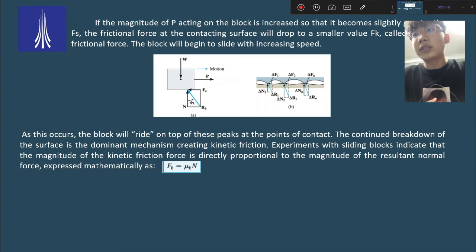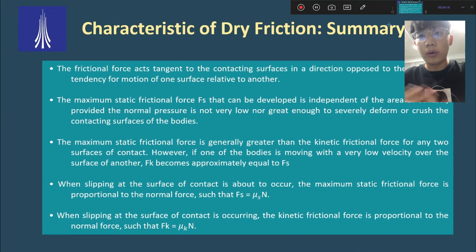So, the characteristics of dry friction, or the summary of it. The first thing is the frictional force acts tangent to the contacting surfaces in a direction opposed to the motion or tendency for motion of one surface relative to another.